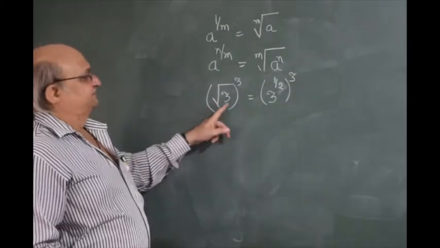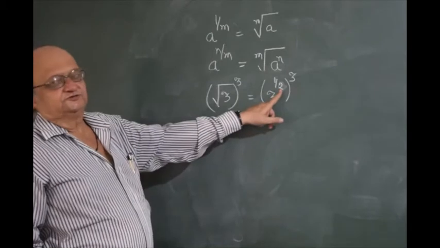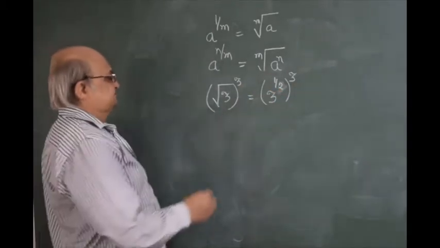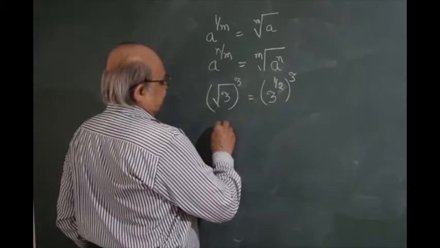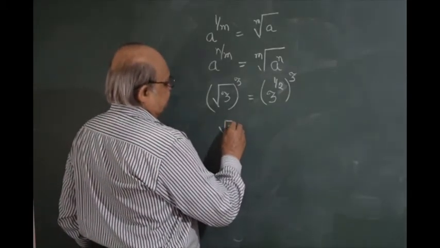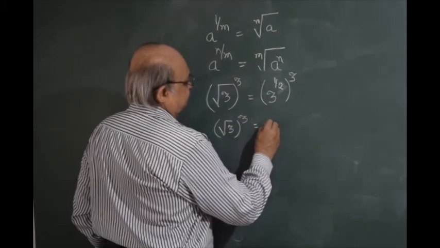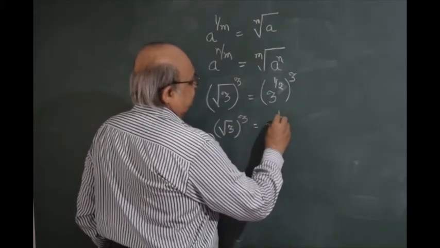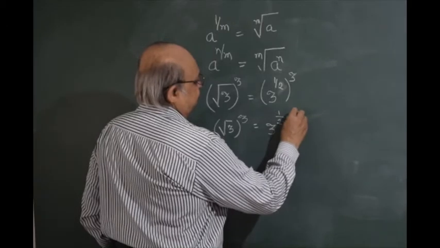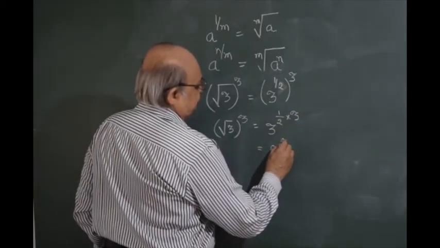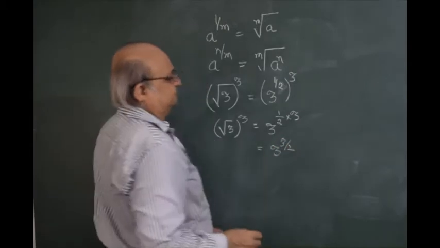Because it is a square root, 3 is raised to 1 upon 2, and the whole thing is raised to 3. This will give us root 3 the whole cube equal to 3 raised to 1 upon 2 into 3, which will be equal to 3 raised to 3 upon 2.